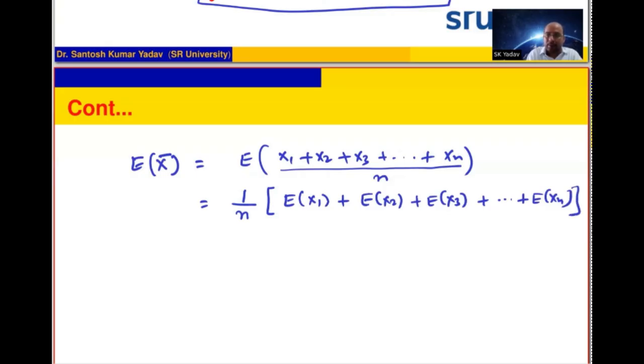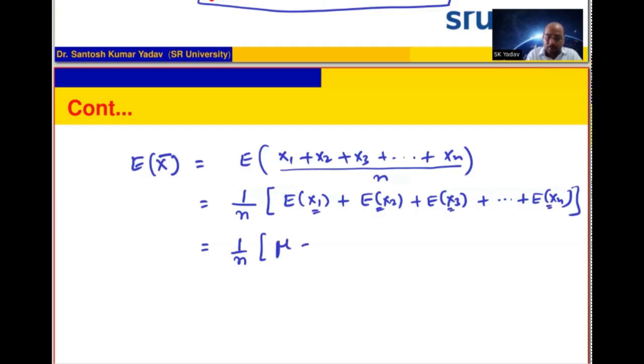Now, as I said, each of these units will have the same distribution as the population distribution. So the population distribution is normal. So 1 upon n, and each will have the same mean as the population, which is mu.